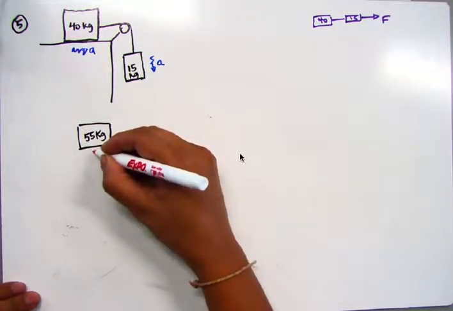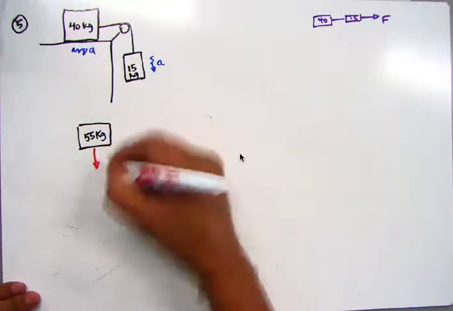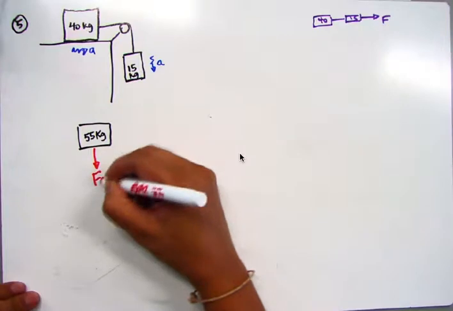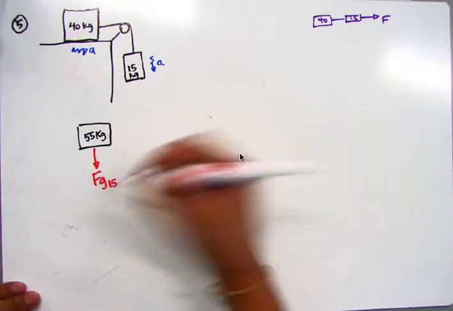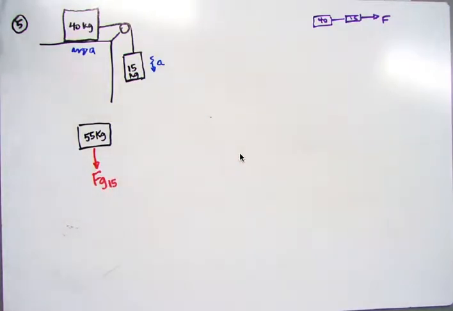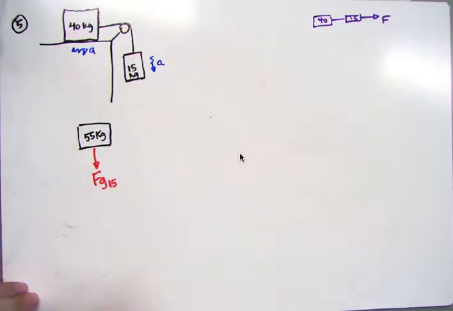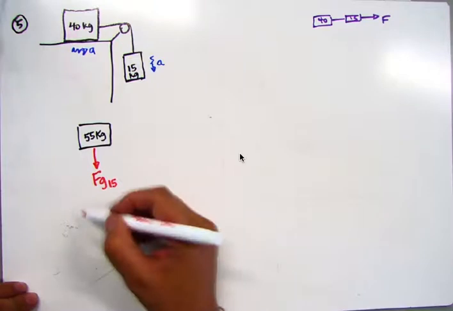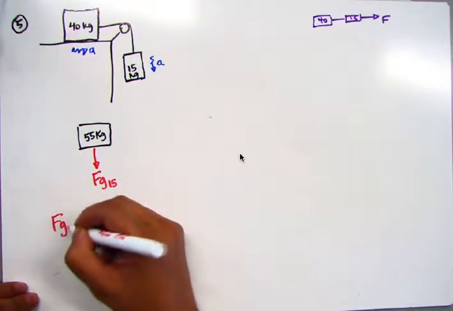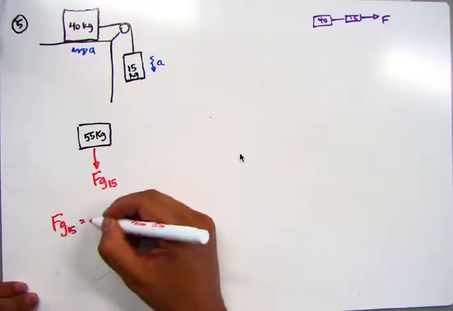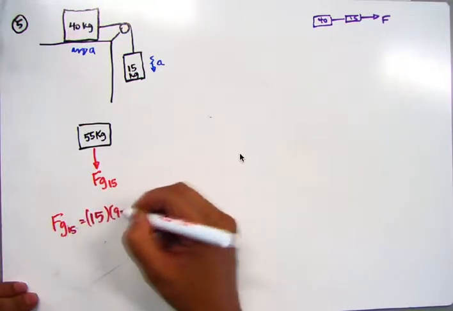This is the Fg on the 15 kilogram mass, which is a little bit tricky to think about, but it's the only unbalanced force acting on the system. Fg on the 15 kilogram mass is just equal to 15 times 9.8, right?